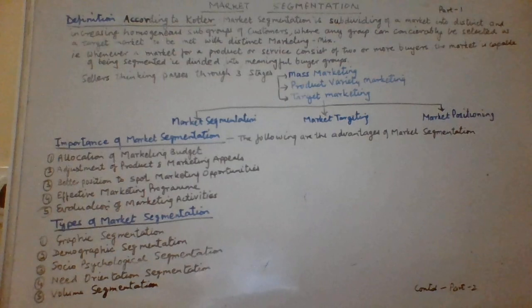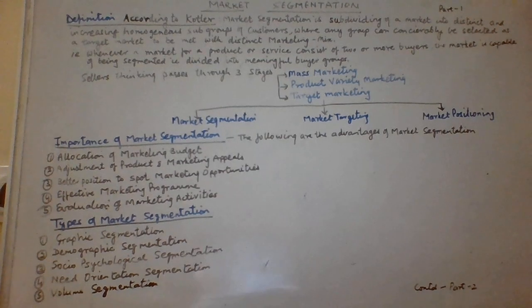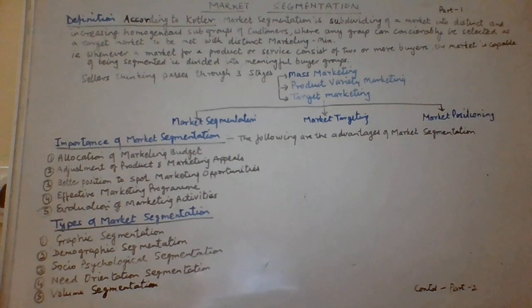The three stages are: whether to go for mass marketing, whether to go for product variety marketing, or whether to focus on target marketing. These decisions are mainly dependent upon the nature and the type of the product also.